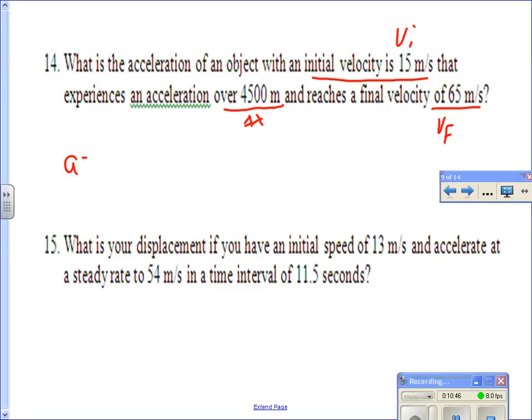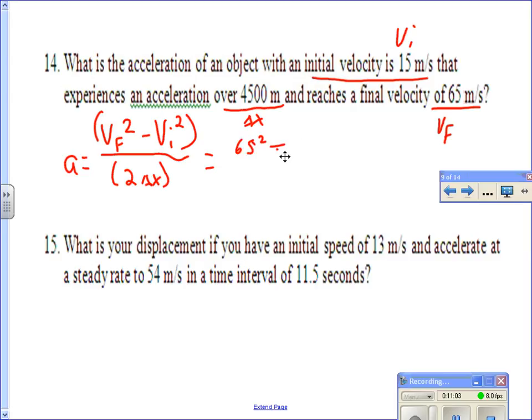Looking at your equation sheet, it's A equals VF squared minus VI squared divided by 2 times delta x. So you plug your numbers in. 65 squared minus 15 squared. Make sure you put that in parentheses. Divided by, and make sure you put this in parentheses, 2 times 4,500.